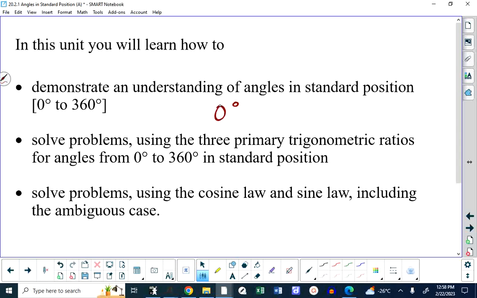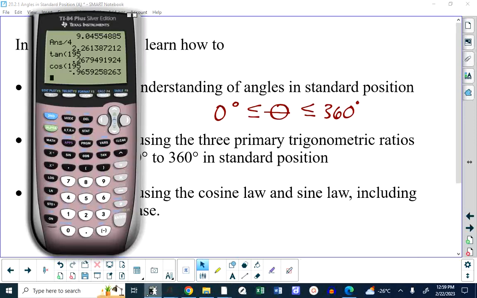This means 0 degrees is less than or equal to the angle we're going to be learning about, which is less than or equal to 360 degrees. We're going to be focusing our attention on angles either equal to 0 degrees, equal to 360 degrees, or in between. And this isn't about your calculator, but I'm just demonstrating by talking about your calculator because these buttons are familiar to you.